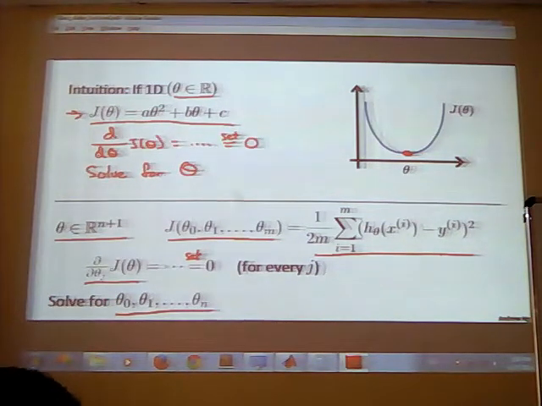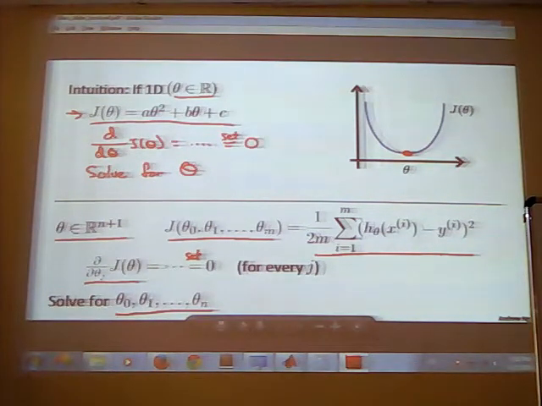And solve it for theta. Theta can be an n plus 1 vector, and this is your cost function, the square error. We will differentiate it and set it to 0 for every j. That means for every parameter we set it to 0, and we solve for theta 0, theta 1 and so on.